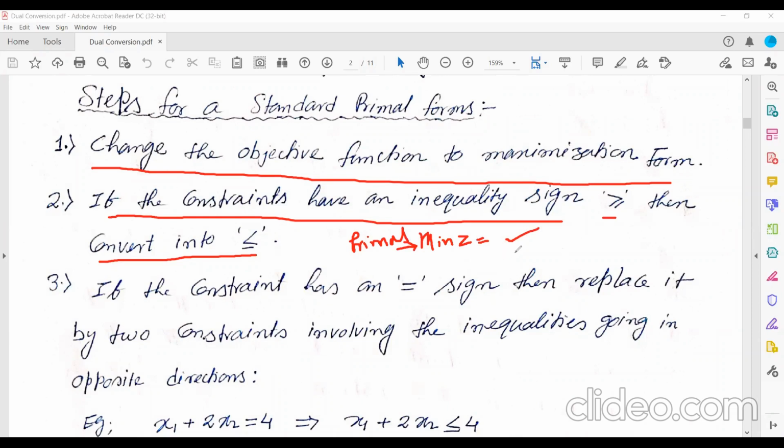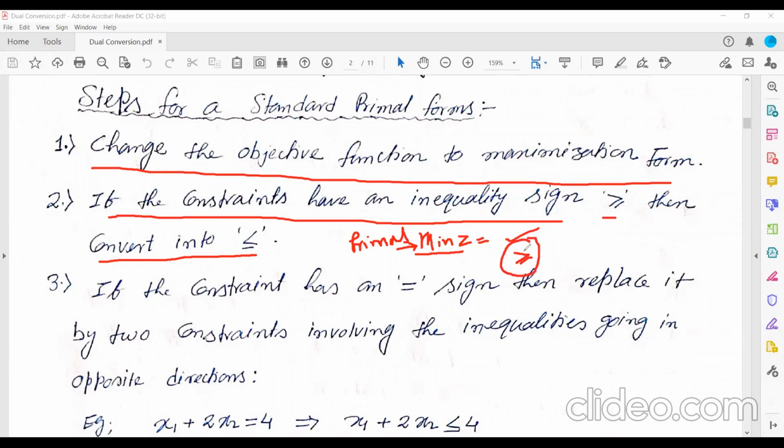All the constraints must be greater than or equal to. Try to understand here. I'm telling you about the primal, I'm not talking about the dual. If your primal is a minimization problem, then you must have some constraints here, and in all these constraints this inequality sign will come.